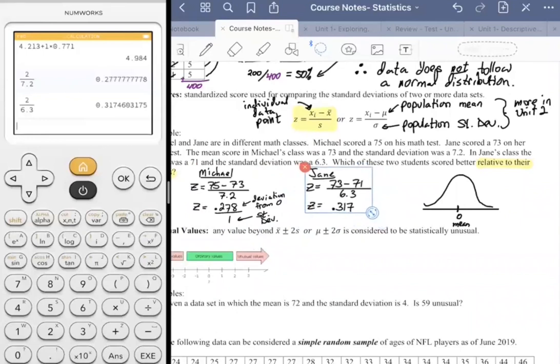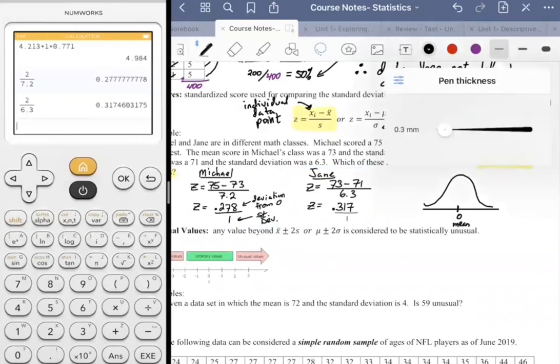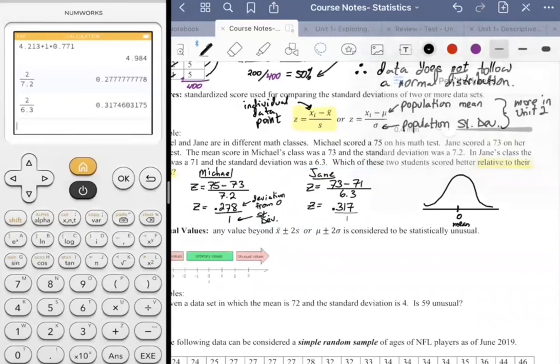Same idea for this one. This is the same as saying 0.317 over 1. So this is deviation from 0. And this is the new standard deviation, because we did a unit conversion.